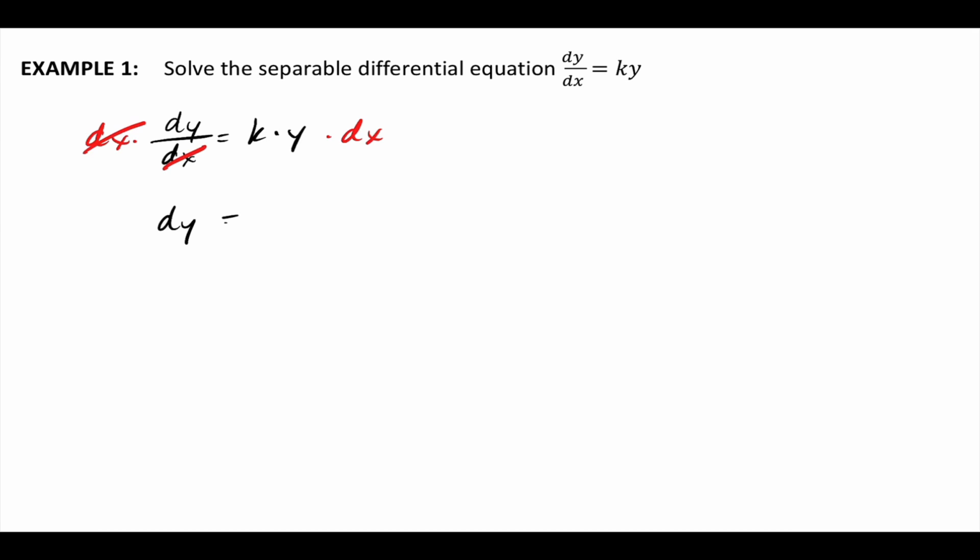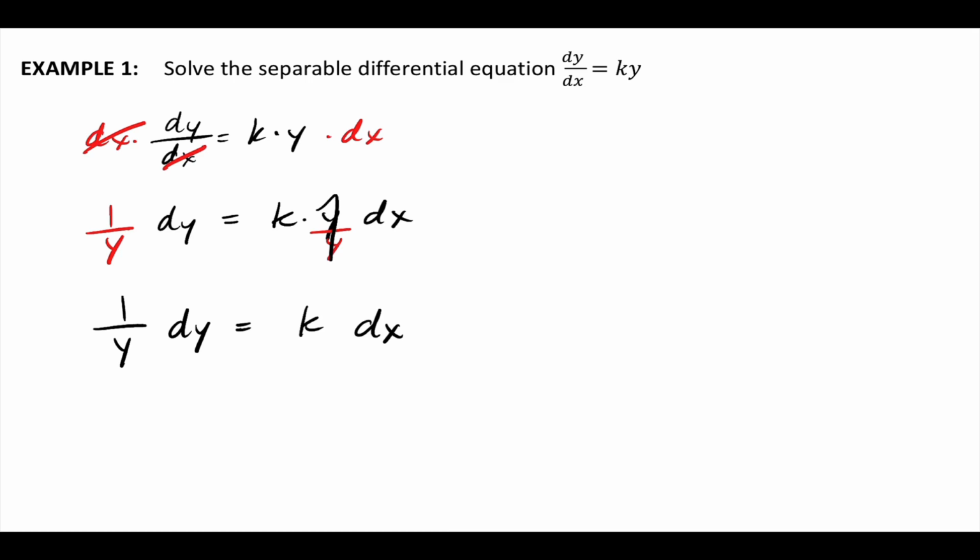dy equals k times y times dx. Divide by y. One over y dy equals k dx. Right? Integrate, just like we've been doing.